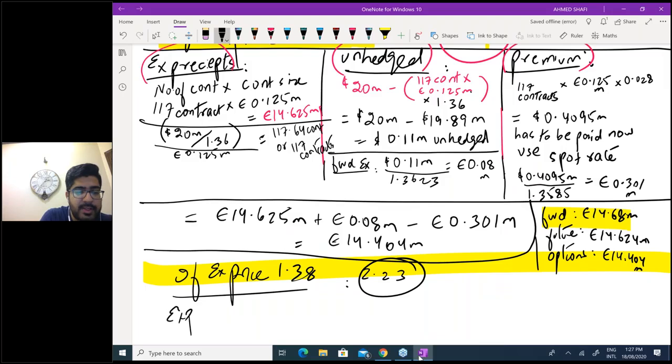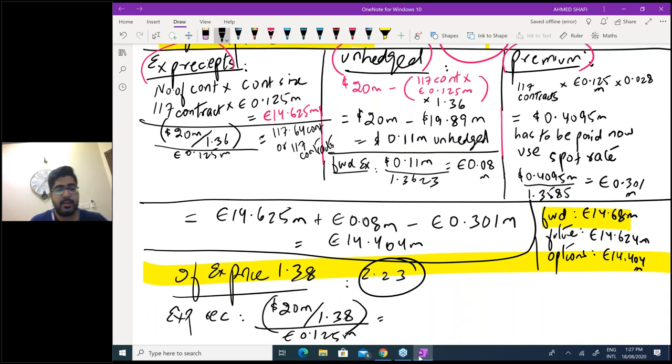Now, if you need to find expected receipts, it's number of contracts into contract size. Number of contracts is 20 million over 1.38, divided by contract size 0.125 million. So the number of contracts comes to 115.94 contracts.